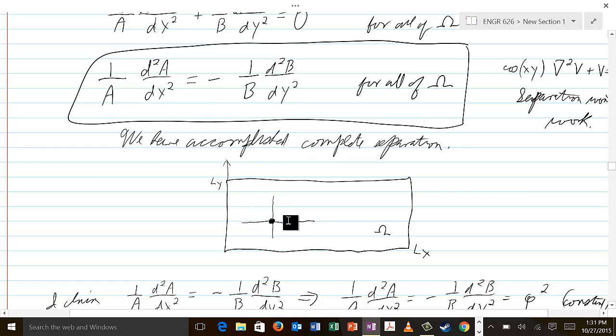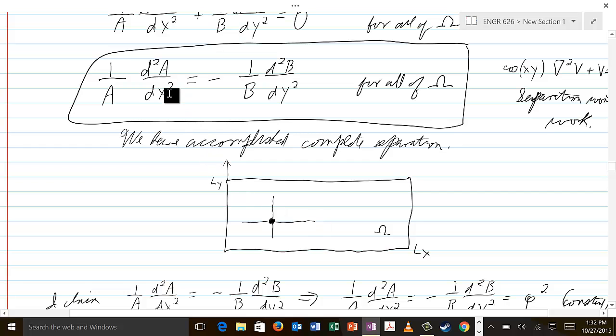Now, as we move back and forth on a horizontal line through this point, notice that as we move back and forth, y is not changing. And therefore, since the right-hand side is a function only of y, the right-hand side is not changing at all as we move back and forth along this horizontal line.